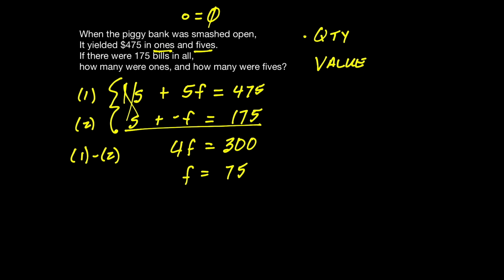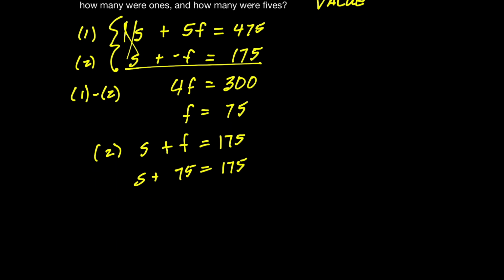Now that I know what F is, I can go back up to one of the other equations and substitute. I'll probably go back to equation 2 because that was an S plus F. That one was a little bit easier to deal with. So if 75 were fives, how many S's were there, singles? Well, that nicely works out to be 100 singles because we're subtracting 75 on each side of this equation.